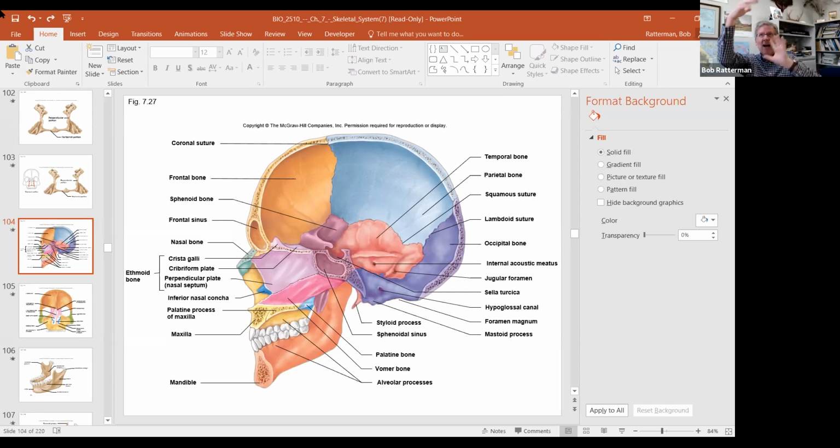Look at it from below, top, bottom. If you have an iPad or iPhone, just Google skull and I'm sure you'll find a bunch of free apps you can download. I just know that the one on my iPad is so interesting. You can zoom in and out. It's very cool.